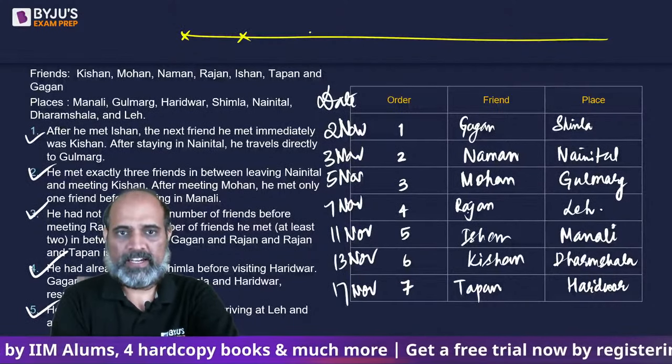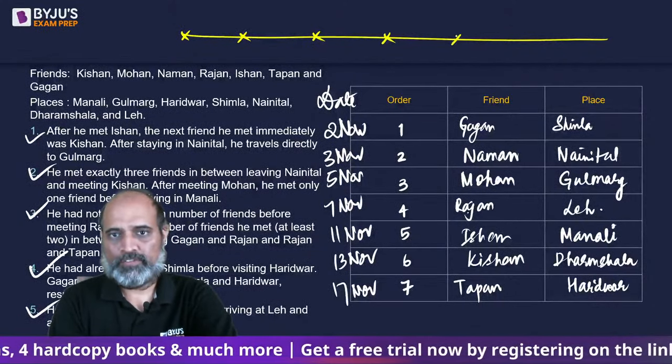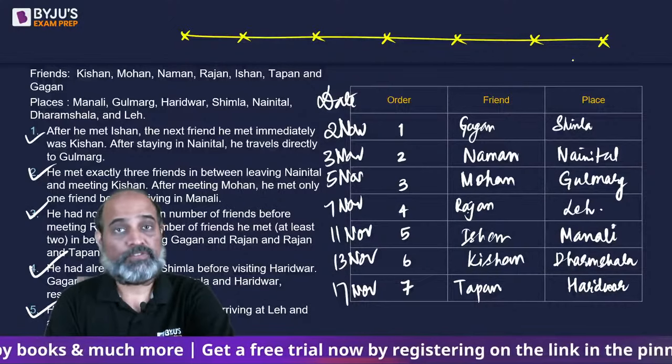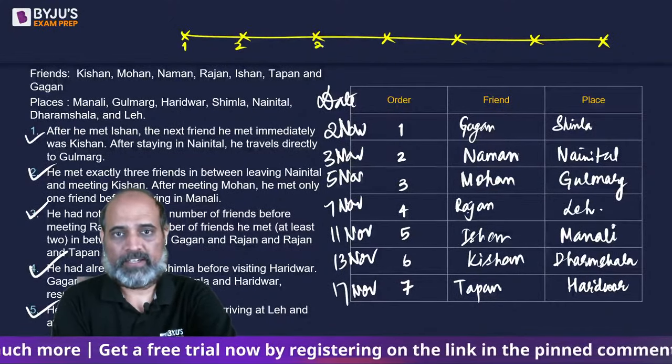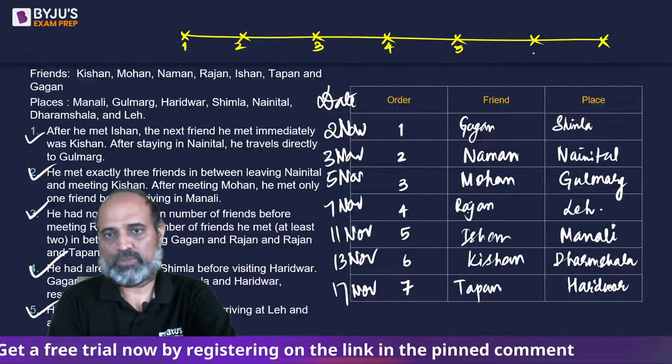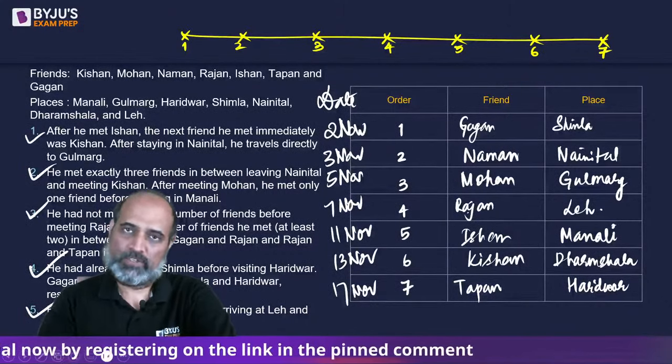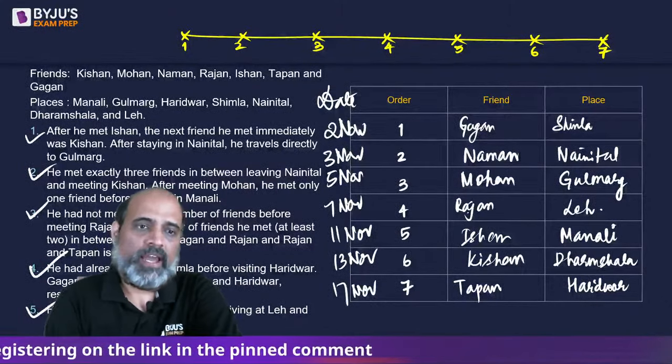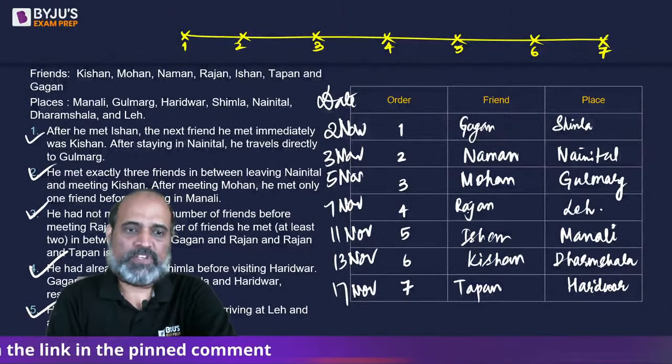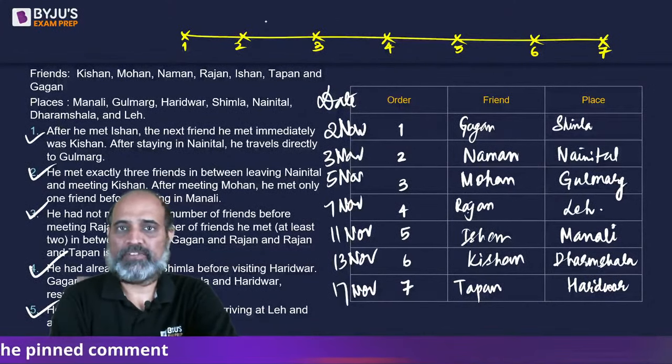First friend, second friend, third friend, fourth friend, fifth friend, sixth friend, seventh friend. I'm writing down the numbers so that we don't have to worry about left to right. And then we can say that he visits 3 places before arriving and after arriving.